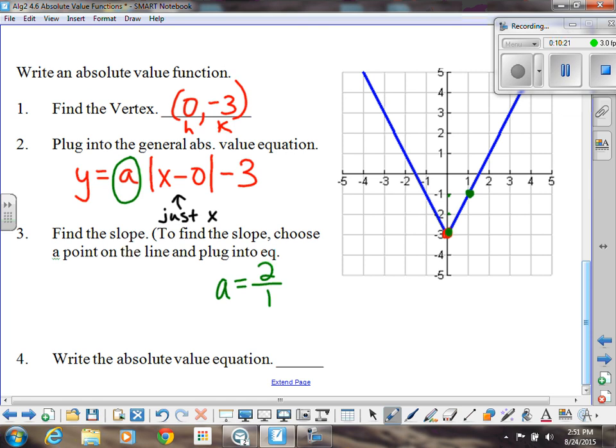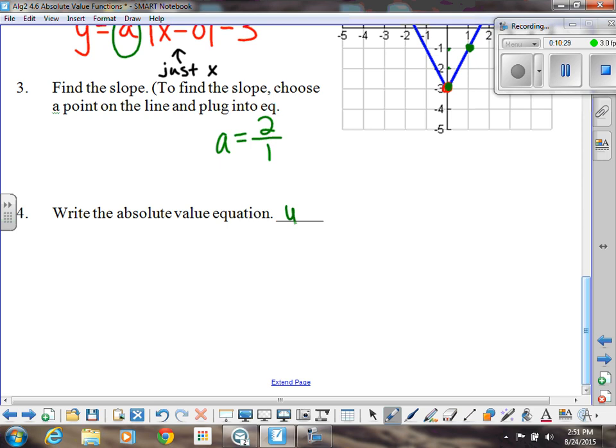And I want to make sure that it's a positive 2 because this V is opening upward. So when I write my final equation, I'm going to plug in 2 for my a. I'm going to have the absolute value of x. Remember, I'm not going to write the minus 0 because I don't need to. And then I'm going to have minus 3. So that's how we can write the equation of an absolute value function.